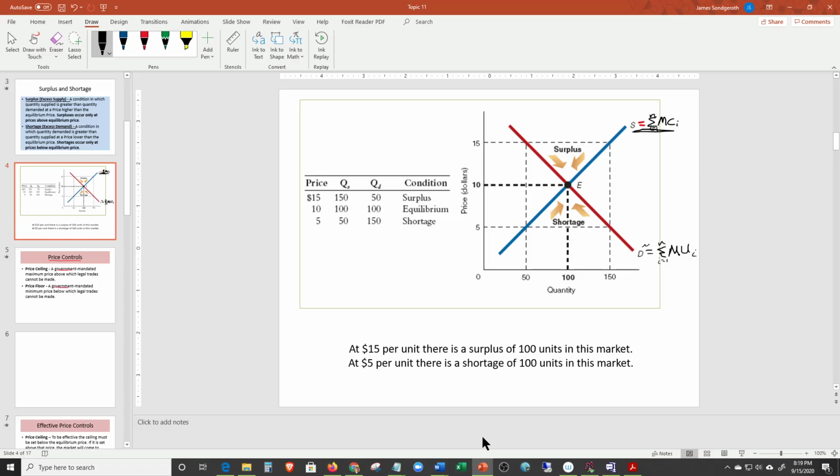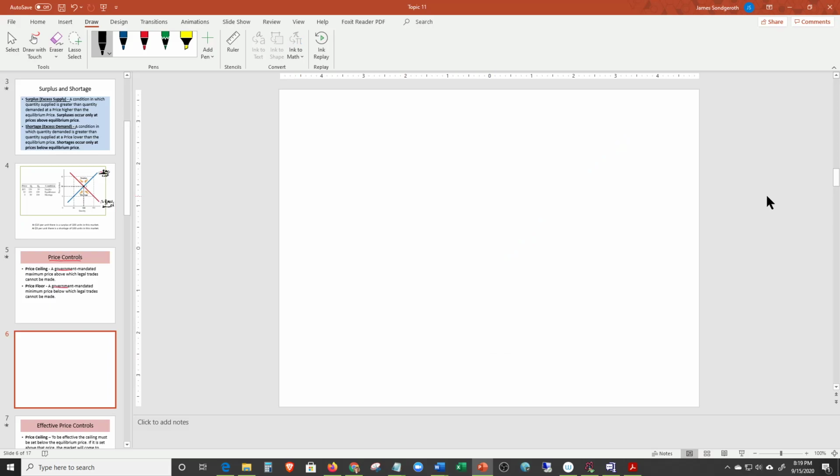So basically, the supply curve represents cost, the demand curve benefit. And this is going to help us understand the microeconomic theory of monopoly.